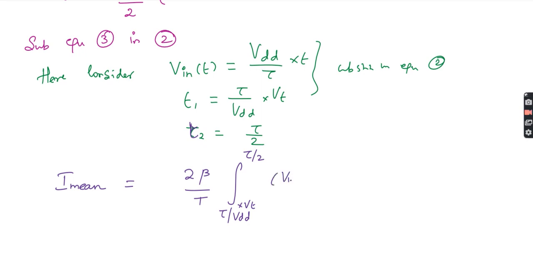Inside we have Vn of t minus Vt the whole square, dt. So this will become equation number 4.